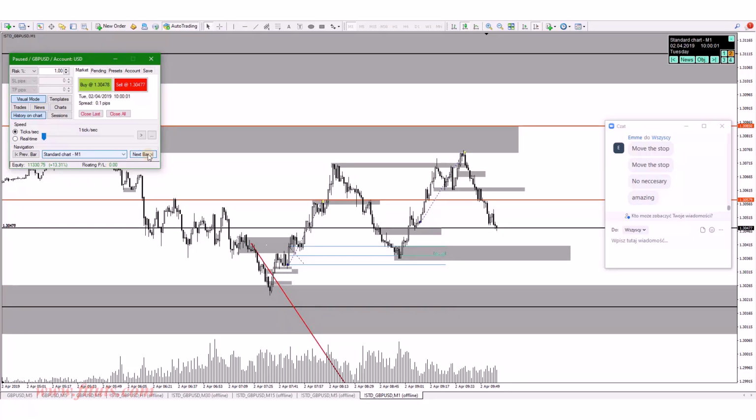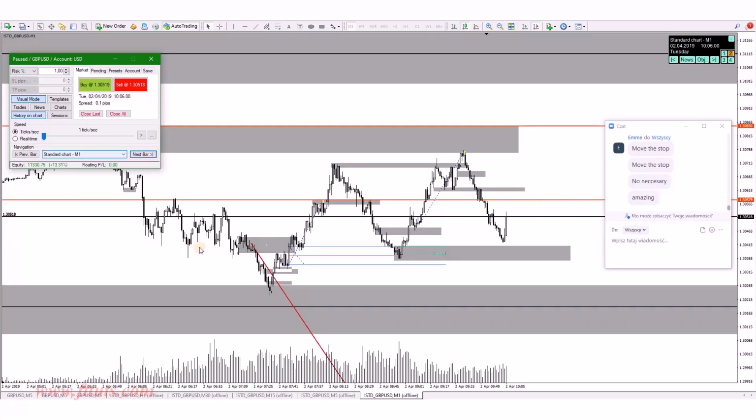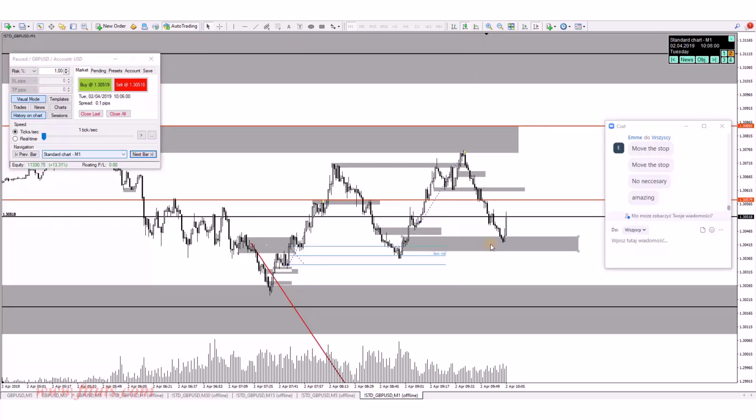Quiet group, guys. Oh, it rejected differently, so maybe my zone should be here. Yeah, with the strong.